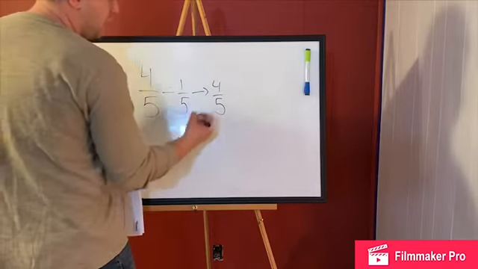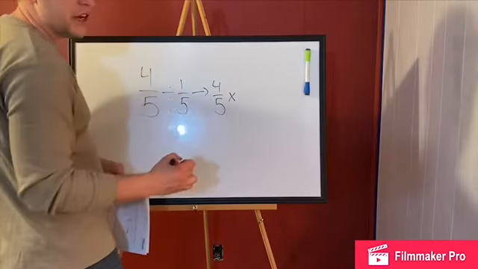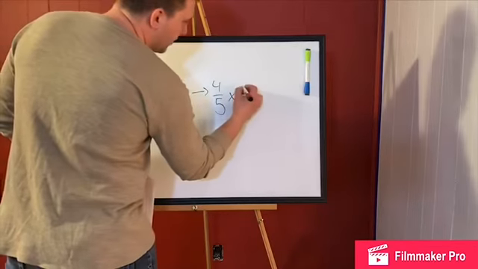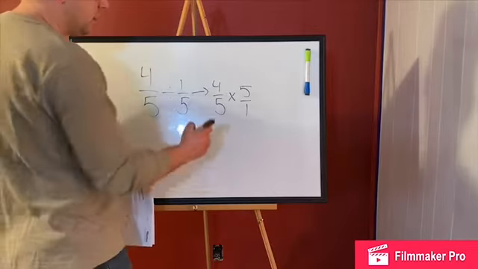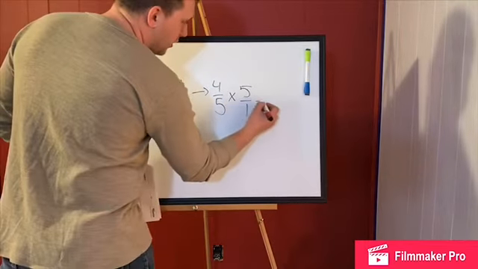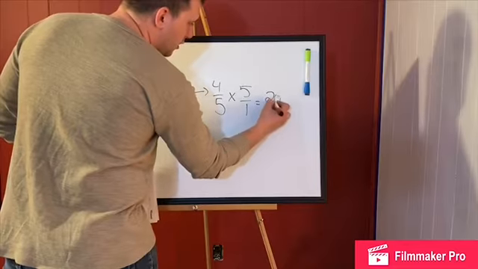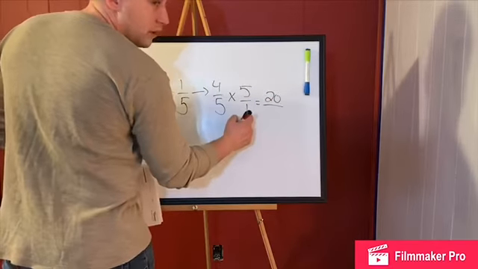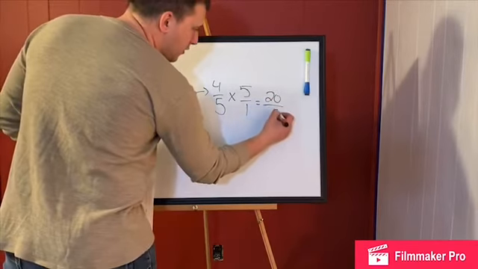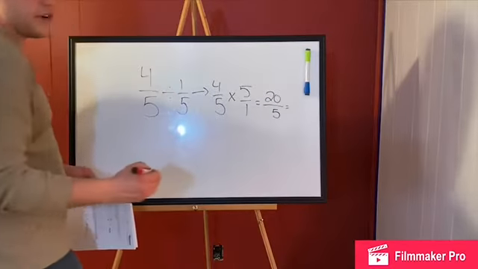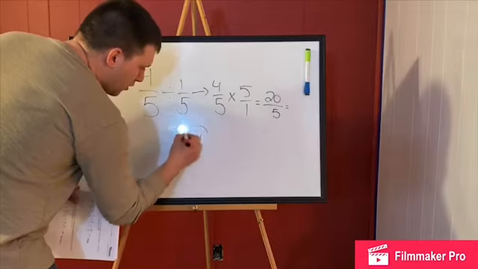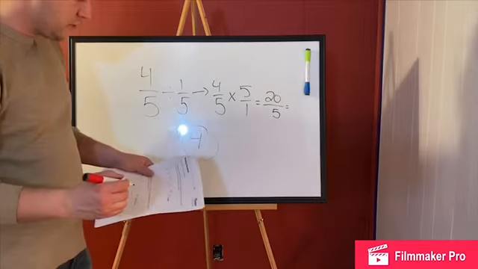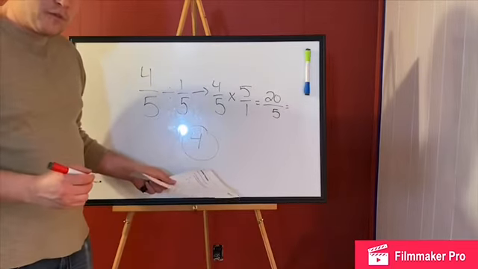We change back to a multiplication sign, and we flip, making it multiply by 5/1. 4 times 5 gives us 20, and 5 times 1 gives us 5. So 20 divided by 5 can be broken down into 4. So the answer for number 11 is 4 people.